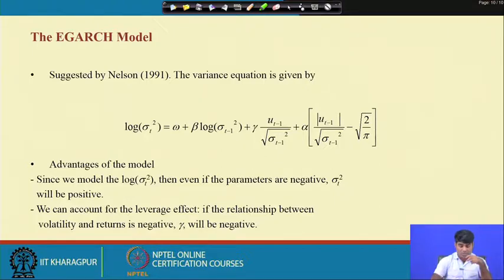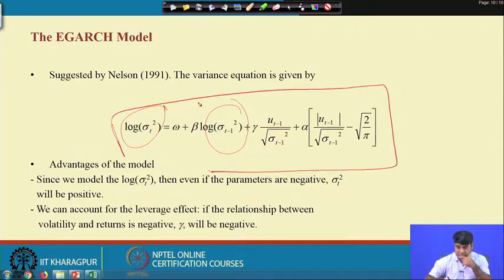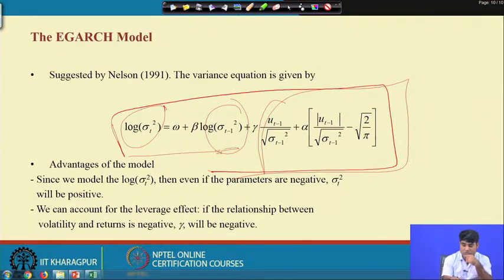So, here the general framework of EGARCH is like this, just an extension where the error variance is connected with the square of the error variance, and then the additional part which we will have here is like this, just an extension to this case. Earlier we had u square t minus 1 and sigma square t minus 1, now it has an extension with respect to u t and sigma t.